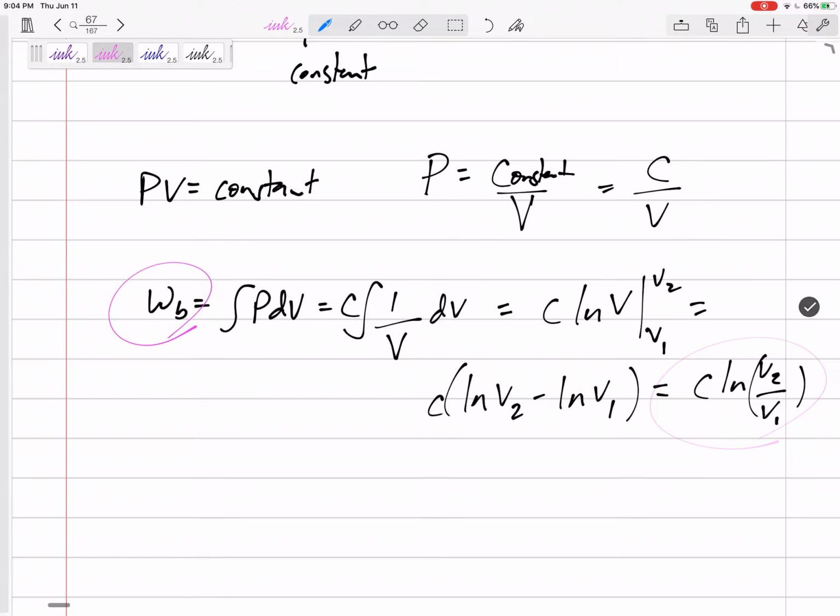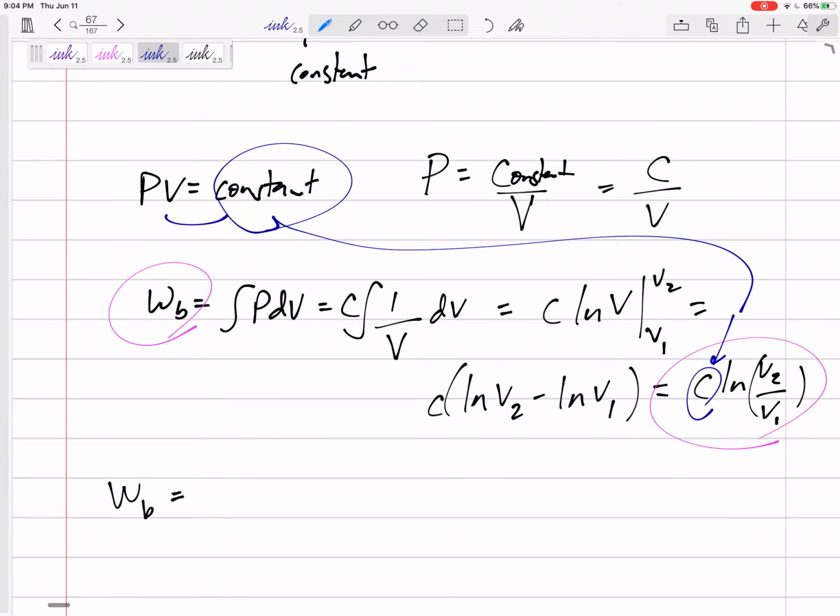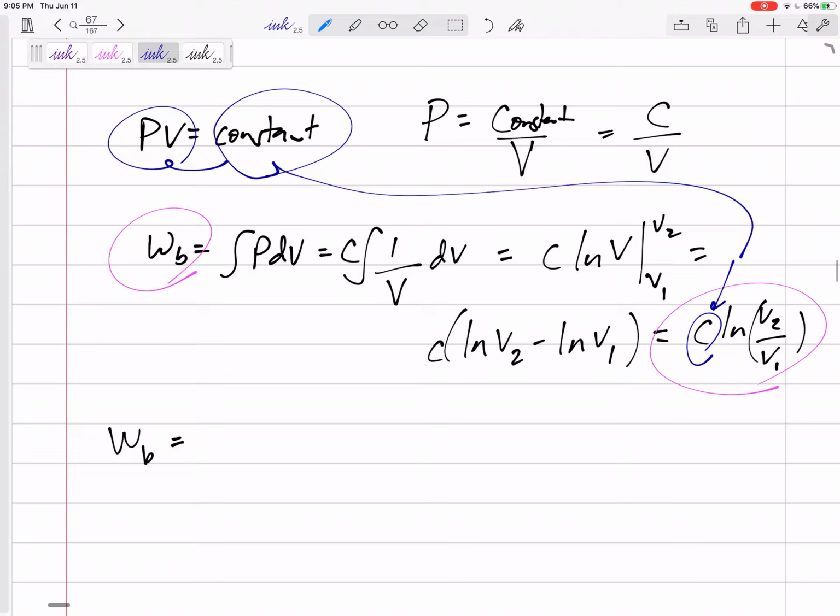The boundary work is a constant times ln V2 over V1. Let's write an equation that we can box in. What is this constant, though? This constant is PV, so the work is PV ln of V2 over V1. I'm going to box that in.